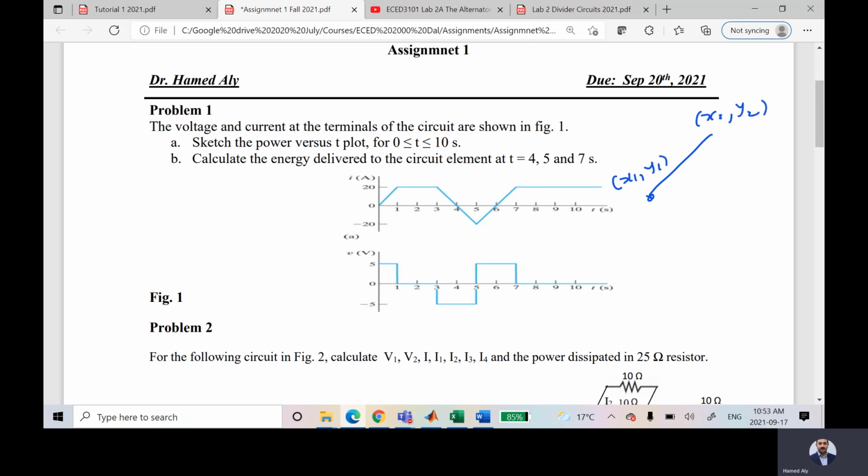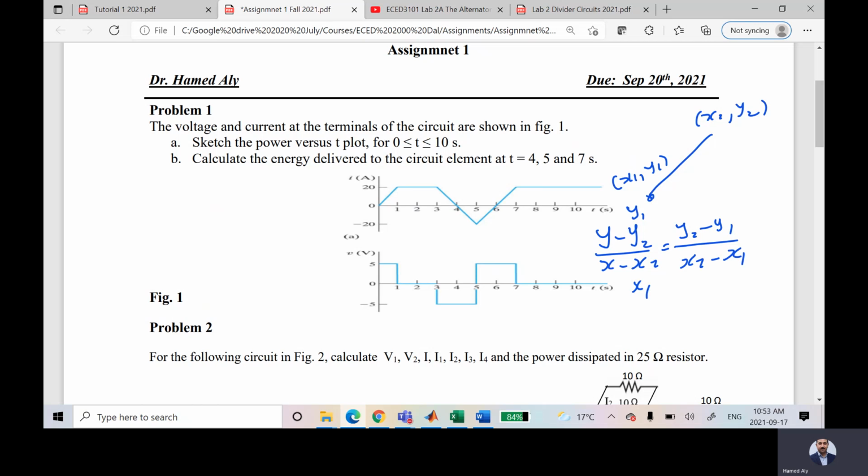For finding the equation of that line, I can say (y minus y2) over (x minus x2) is equal to (y2 minus y1) over (x2 minus x1). And if you still remember, I told you instead of using y2, I can say y1, x1. It doesn't matter. At the end, I will have y as a function of x.